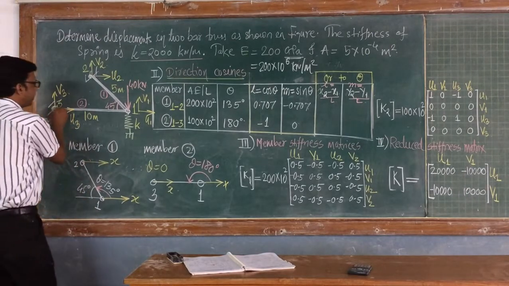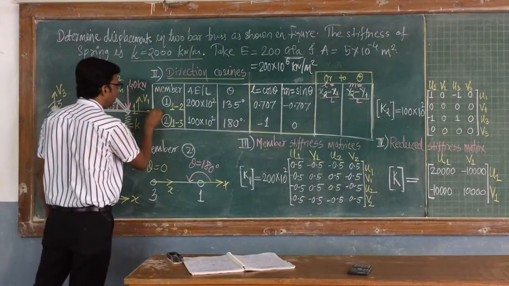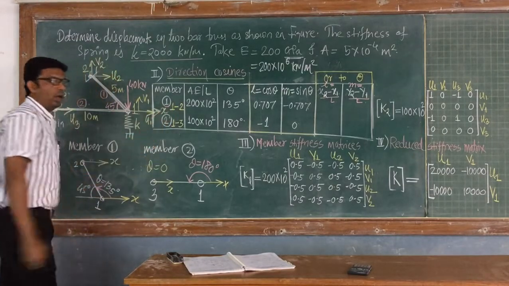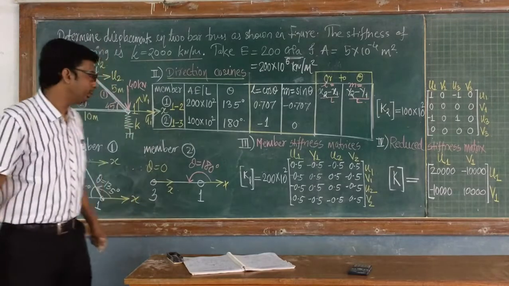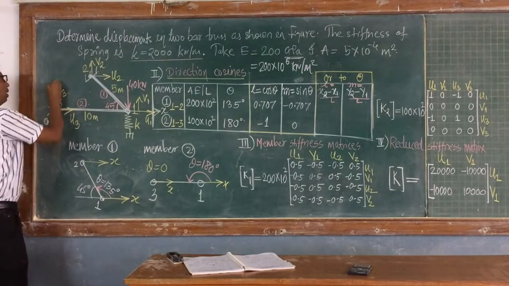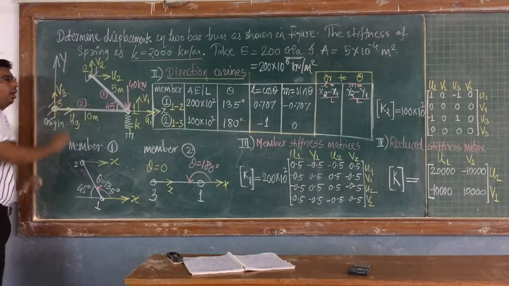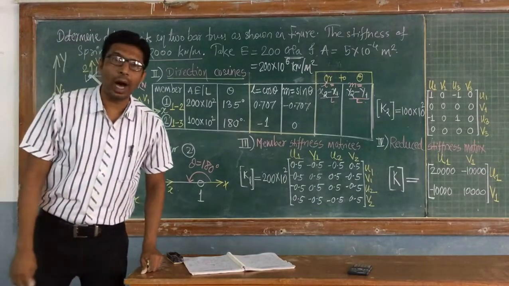So the horizontal axis is x, and the vertical axis is y.